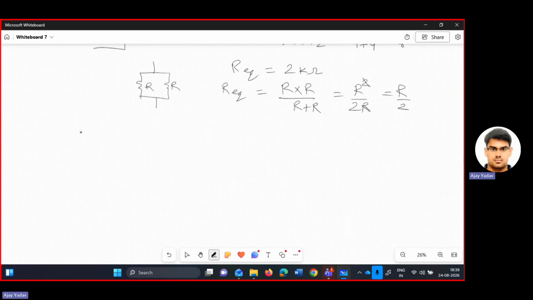Now I am taking one example here. Suppose you have a voltage source of 24 volt, and this is your 1 kilo ohm resistance. Here also you have 1 kilo ohm resistance.